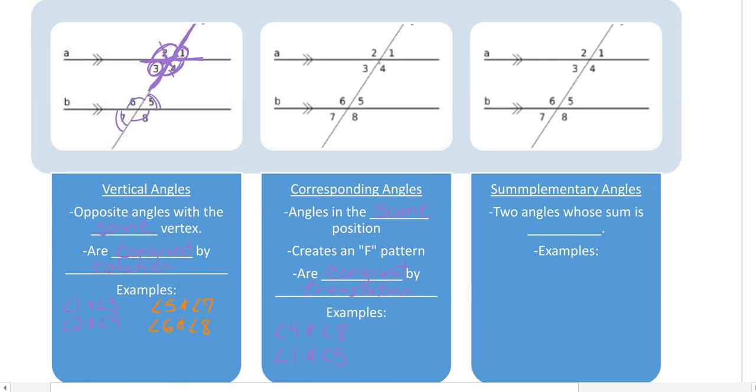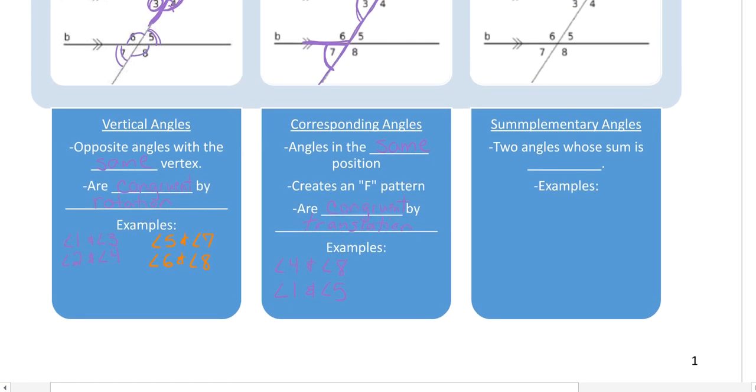I can then draw a backwards F, which allows me to see that angle 3 and angle 7 are both in the armpits of the F, therefore they are also congruent and they are corresponding.